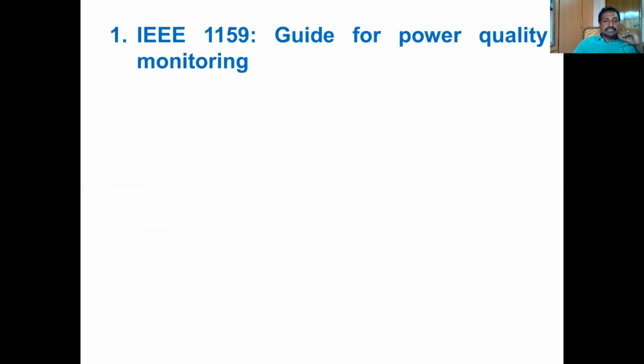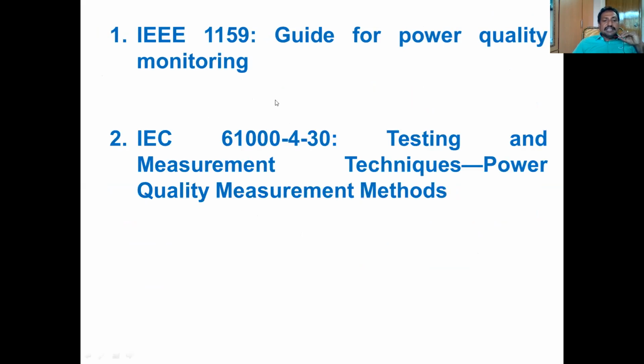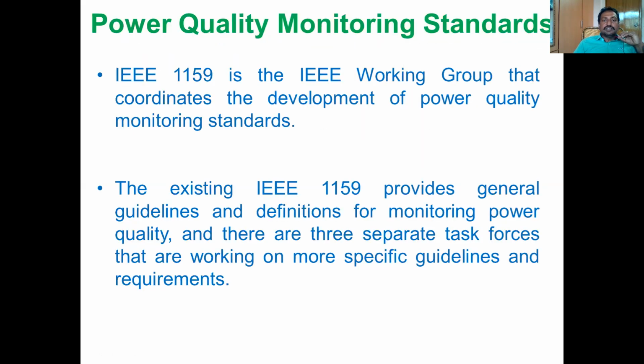What are those? IEEE 1159 Guide for Power Quality Monitoring, and IEC International Electrotechnical Commission 61000-4-30, testing and measurement techniques, power quality measurement. Those are the different power quality monitoring standards.